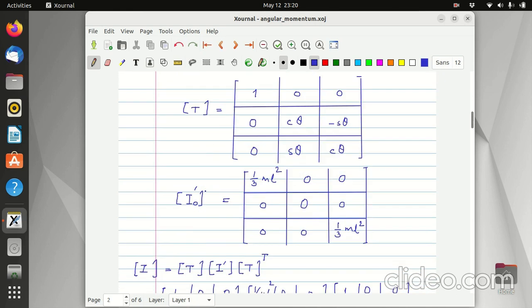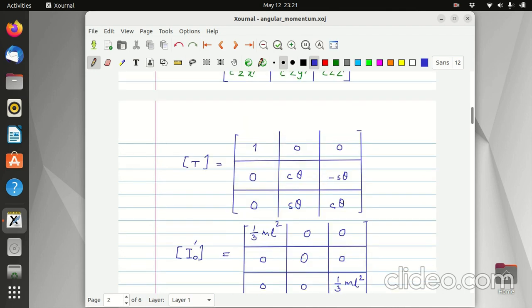So I dashed about O has I xx 1/3 m l square, I zz 1/3 m l square and I yy 0, and all the product terms are 0 because this is the symmetry axis. I yy is 0 because the rod is very thin.